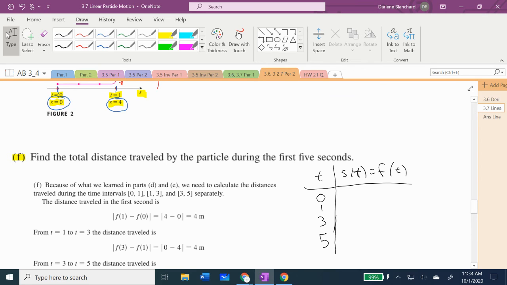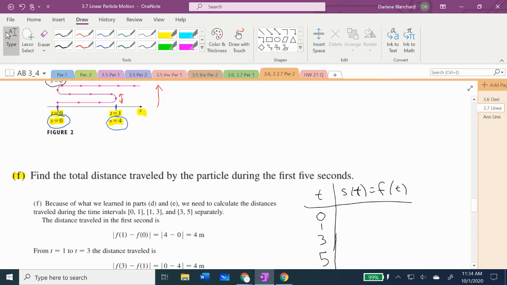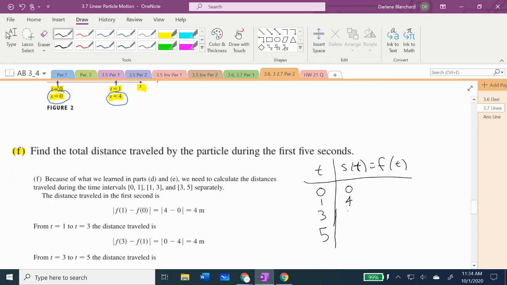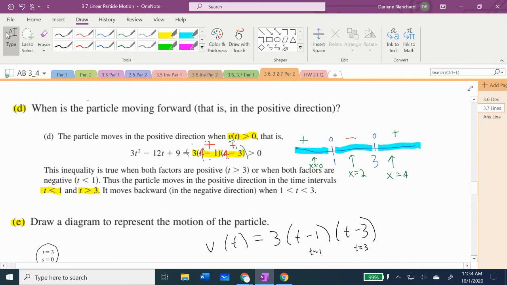So we have actually found these values already. My position is 0 at time 0. My position is 4 at time 1. At time 3, my position is 0, but I have not found my position at time 5. So, oh goody, I get to go back to that third degree polynomial and plug that number in. So I'm going to head back over there.